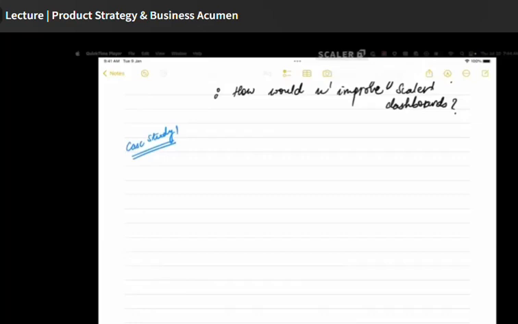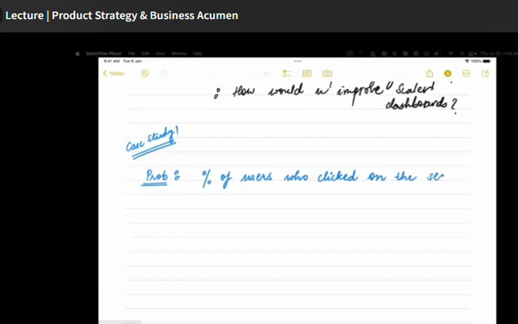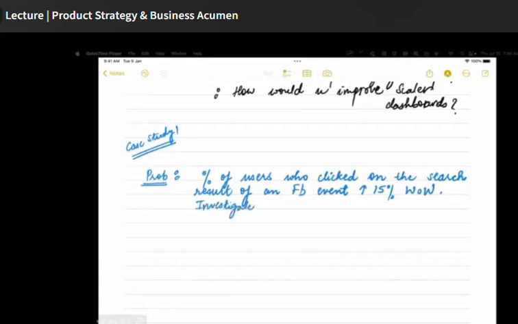So my question is: the percentage of users who clicked on the search result of an FB event increased 15% week over week. Investigate this.